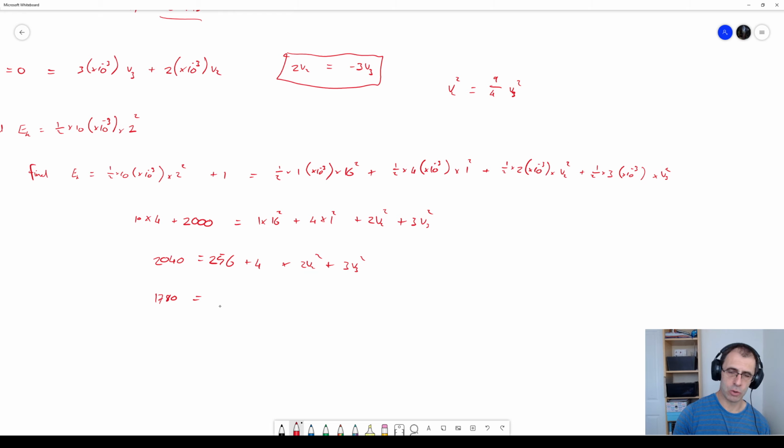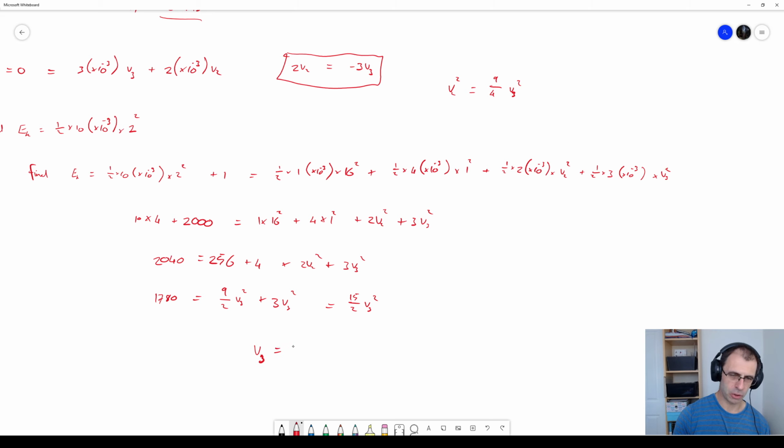So here then 2v2 squared is equal to 9 over 2 v3 squared plus 3 v3 squared, which is equal to 15 over 2 v3 squared, and solve for v3 then.